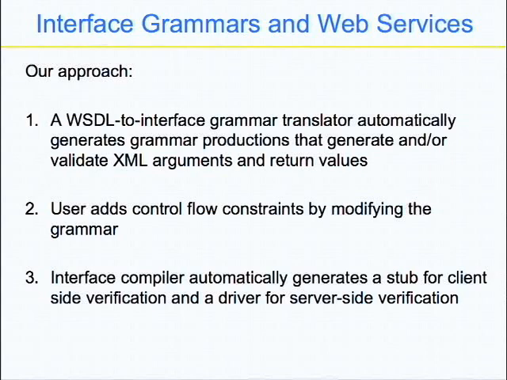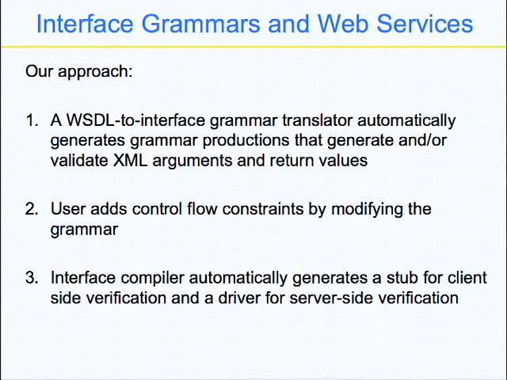So that's one part. But the WSDL itself doesn't contain any control flow constraints. You may have constraints like you have to call operation 1 before you call operation 2, and that's not in the WSDL specification. So that you have to insert manually in your interface grammar specification. Basically, we'll automatically generate some core interface grammar for you from the WSDL, and then you have to add more if you have more constraints, okay?